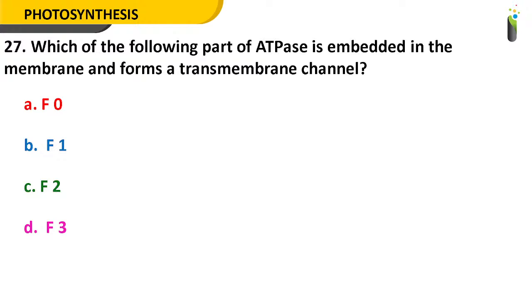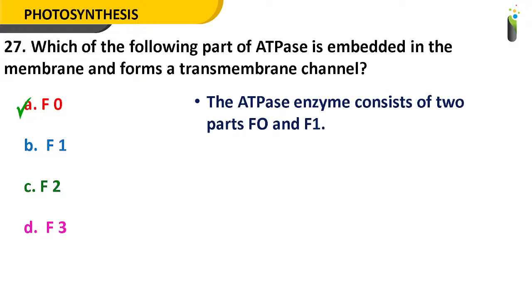The correct answer is A, F0. This is the part in which the ATPase enzyme is embedded. The ATPase enzyme consists of two parts, F0 and F1. Please keep this in mind.